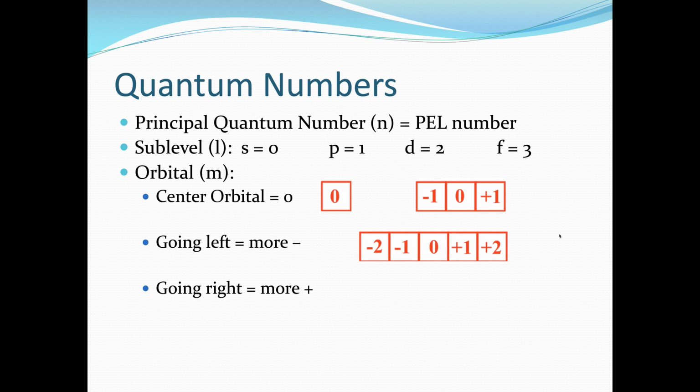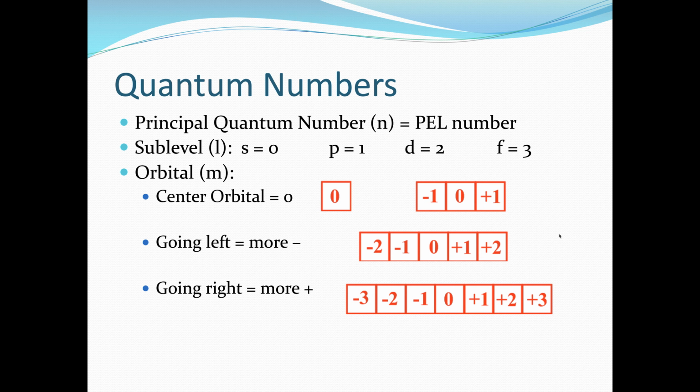In a D sublevel, the center is 0, and you become -1 and -2 going to the left, +1 and +2 going to the right. In the F sublevel, we have 0 in the center, going -1, -2, and -3 to the left, +1, +2, and +3 to the right.